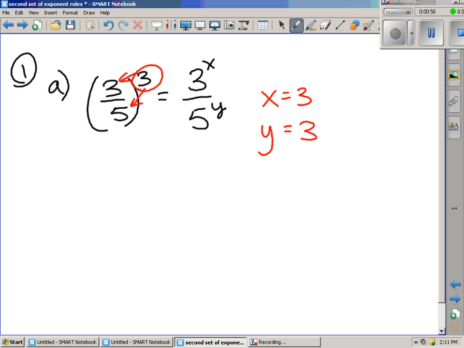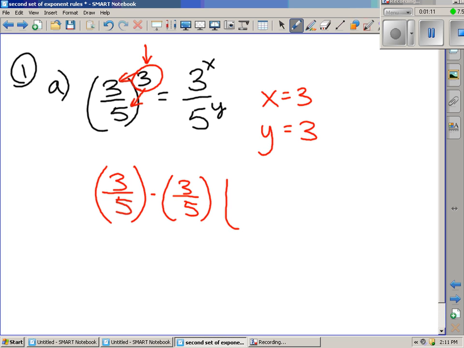The reason why this makes sense is that every time you have an exponent, you're going to take the base, which is in this case 3/5, and you're going to write it out the number of times that it says right here. So it says 3 times, the power is 3, so I'm going to write out my base 3 times.